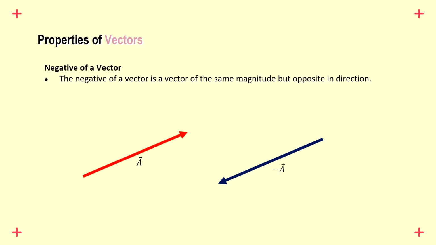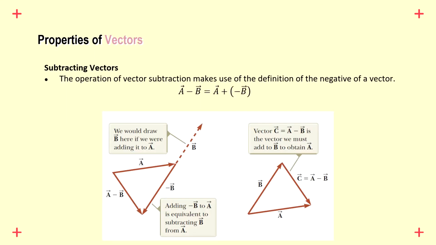For subtracting vectors, the operation of vector subtraction makes use of the definition of the negative of a vector. So A minus B is equal to A plus negative B. That means, for example, I have here the vector A, and I want to subtract B from A. Suppose that we were to add A and B, then B would have to point in this direction.